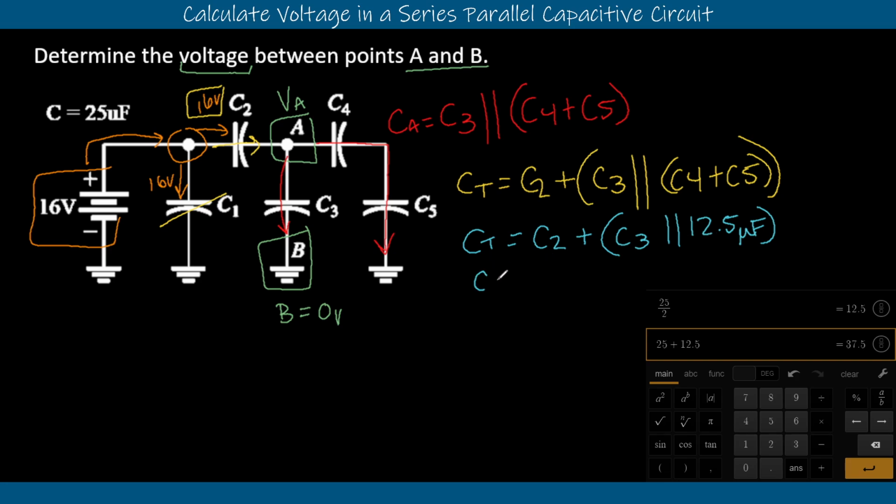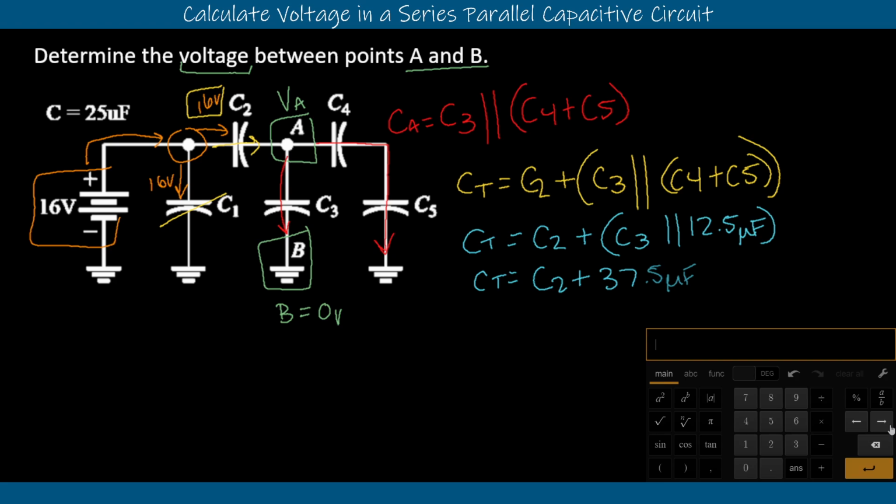So we'll say that we now have CT equal to C2 in series with 37.5 microfarads. We can keep going on this one more time. We'll put that into the 1 over equation here because they do not match. We'll clear this out.